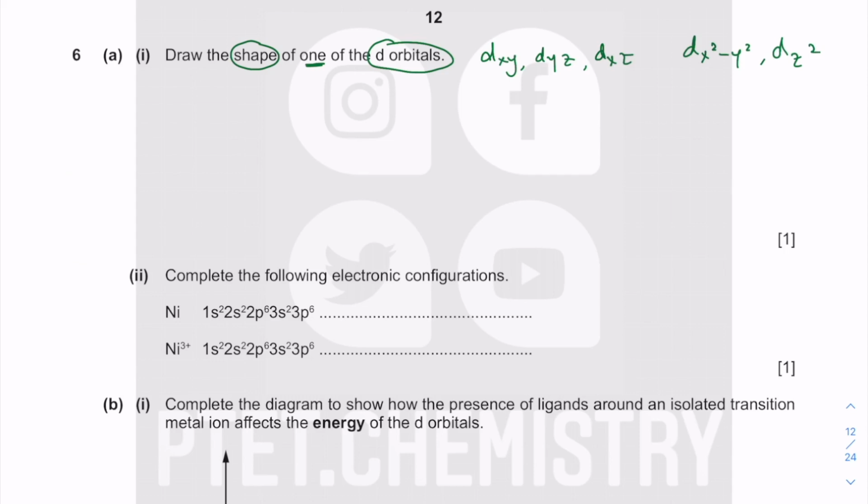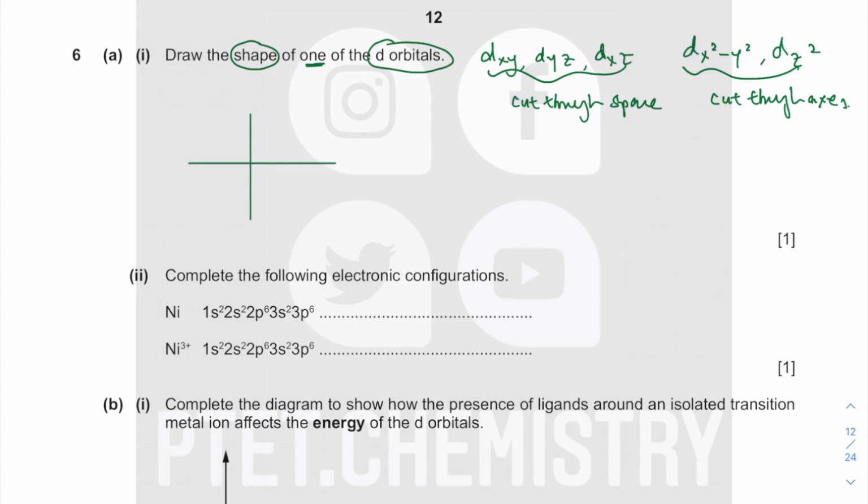So whichever one you like to draw, just know that these ones cut through space, and these ones cut through the axis, and I'll probably draw the one which cuts through the axis because they are nice and easy to draw. So if I have x and y, drawing the axis is very important because that's essentially dx2-y2. When I say cut through axis, they cut through the axis.